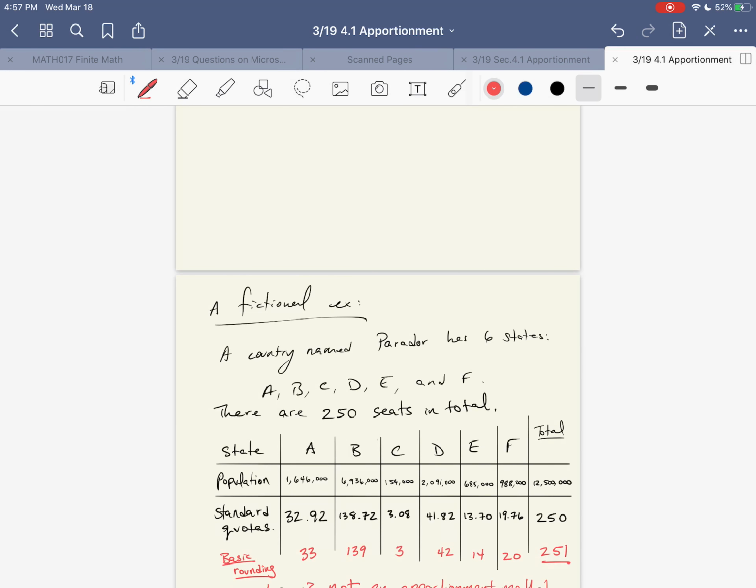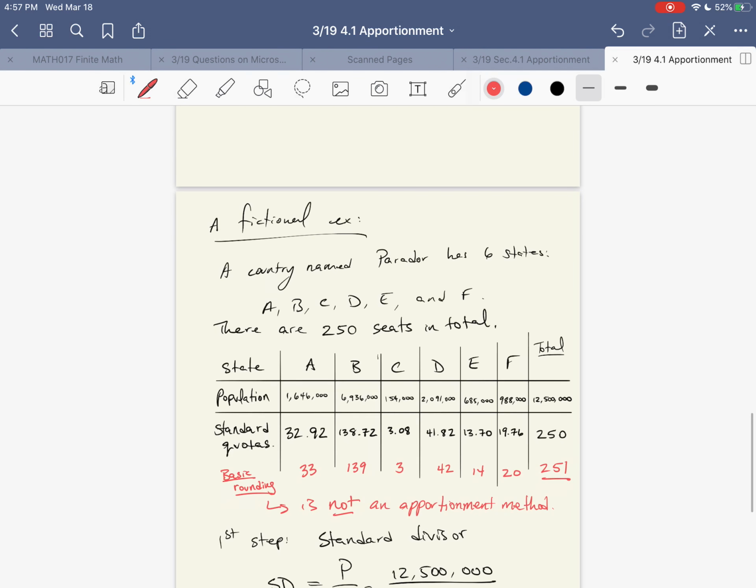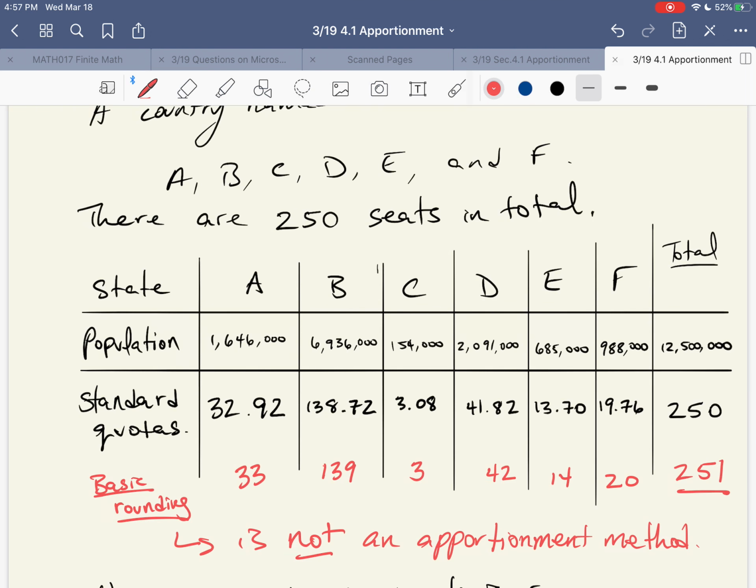Remember, sometimes basic rounding will work. The only reason that rounding didn't work here is that we rounded 1, 2, 3, 4, 5 of these numbers up, and only one of them got rounded down. And so because we kept rounding everything up, we ended up with one more seat than we have to give away.